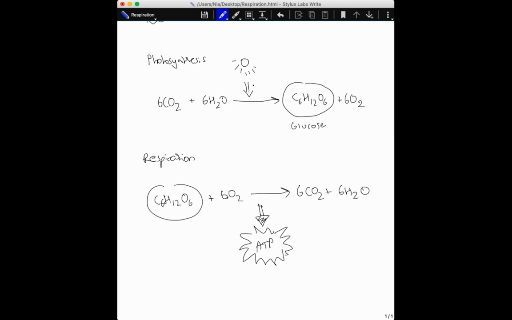So the energy that was stored inside the bonds of this glucose molecule is released in the process of respiration. And that energy is used to drive the synthesis of ATP.